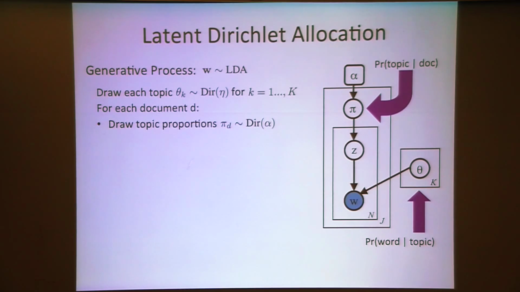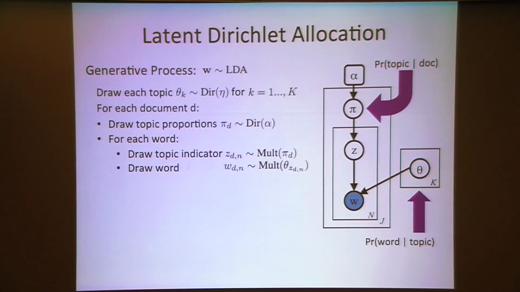Topic proportions essentially say which topics are more common and which topics are less common in that particular document, right? And then for each word, you draw topic indicator variables that basically say which topic that particular word is coming from. And then you just draw that particular word from a multinomial distribution defined by the topic, right?